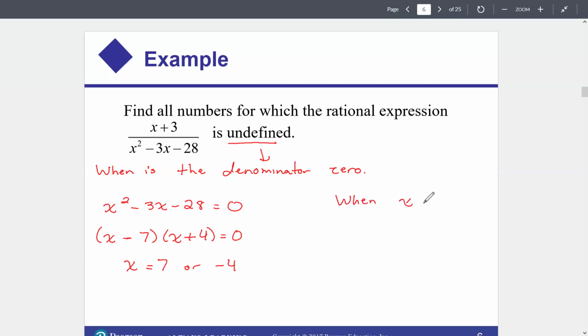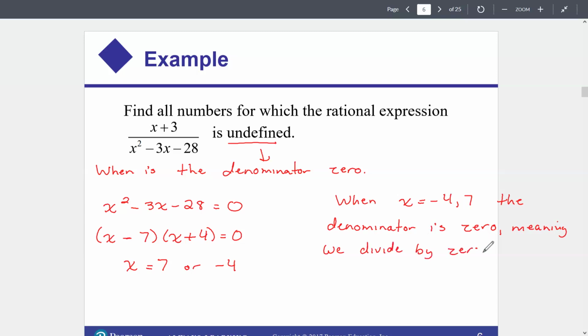So when x is equal to -4 or 7, the denominator is 0, meaning we're going to divide by 0, and when we divide by 0, that's when we're undefined.